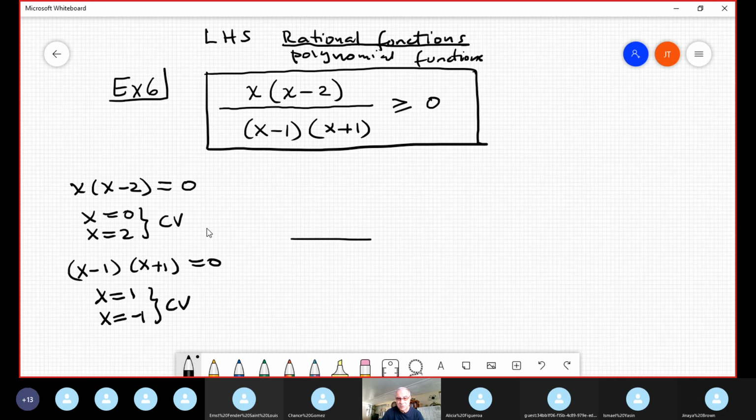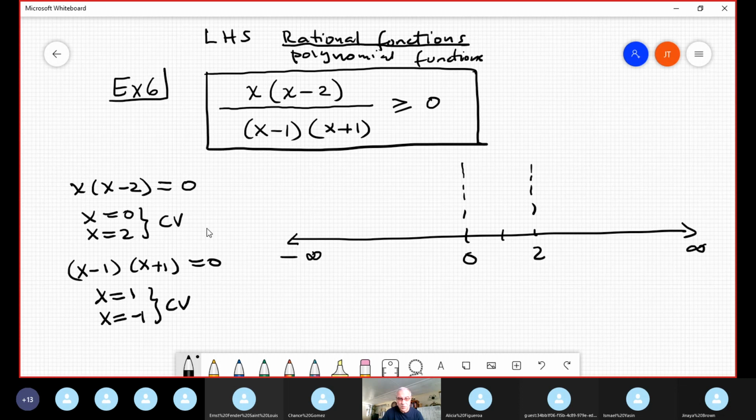And critical values, as always, help me to create the partition. 0, partition. 2, partition. Positive 1, partition. Negative 1, partition. So we have 4 partitions, so I suppose we have 5 intervals. And you select a totally arbitrary testing point.